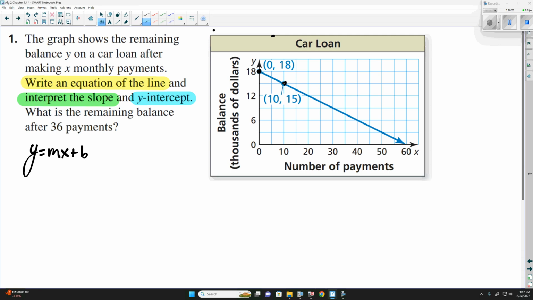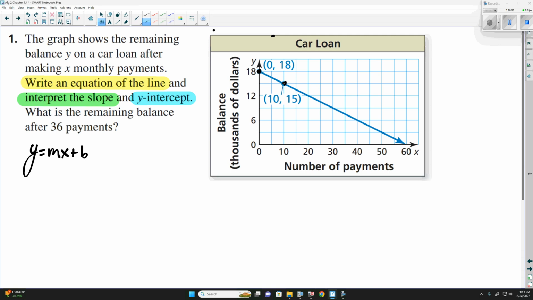(0, 18). One of the key giveaways is that it is intersecting the y-axis, but also the x value of a y-intercept is always what? 0. What is the y value of the x-intercept? 0. Because if it crosses the x-axis, the y value has to be 0. If it crosses the y-axis, the x value is 0.